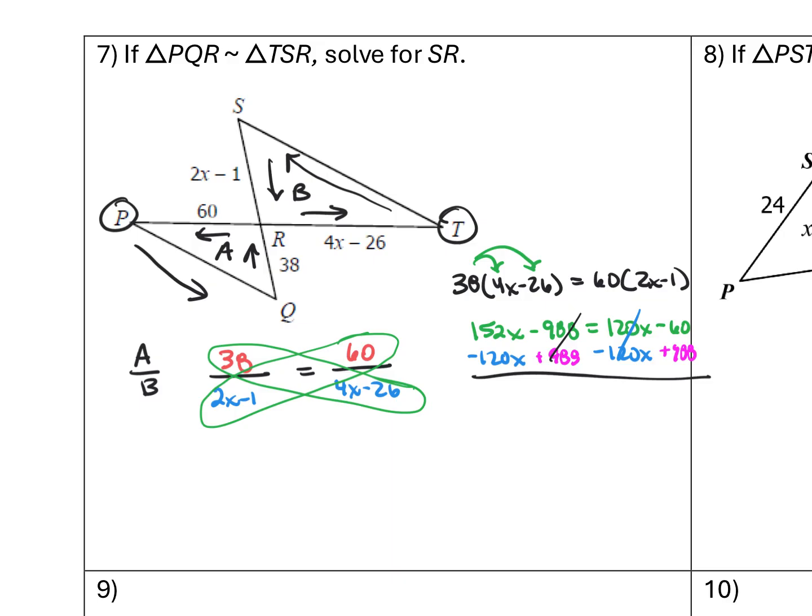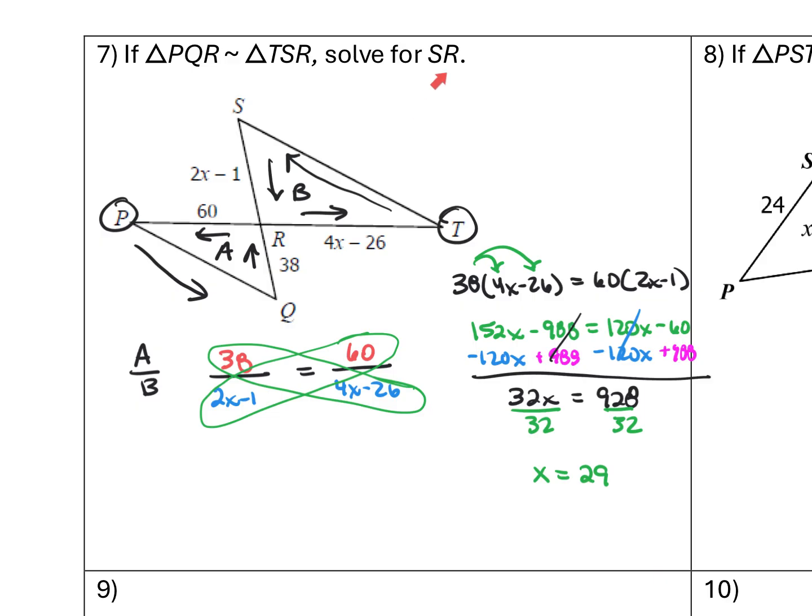I end up with 32x is equal to 988 minus 60, which equals 928. And then I need to get x by itself, so I'm going to divide both sides by 32. And x equals 29.